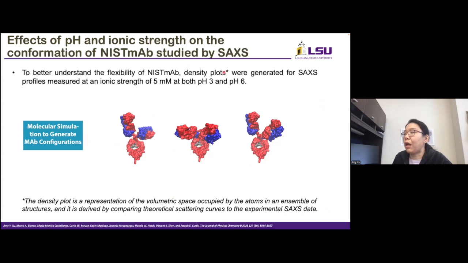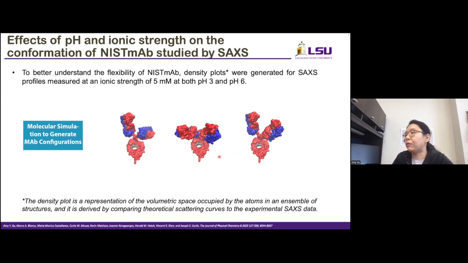So the density plots can be generated, and everything you can do using SAXS-Web. The first step is to generate an ensemble of structures. To generate the ensemble of structures, we keep the FC domain constant, we don't change the position of the FC domains, but we let the Fab domains rotate, as if they are freely movable.